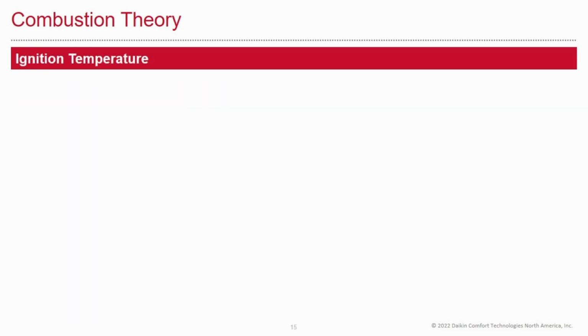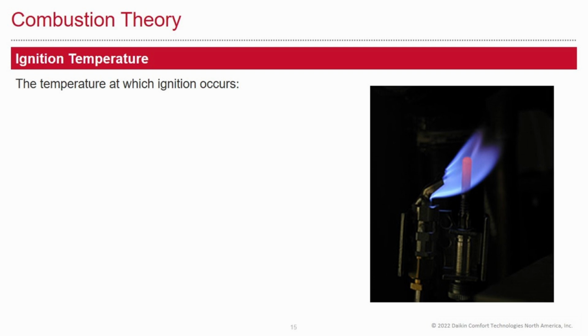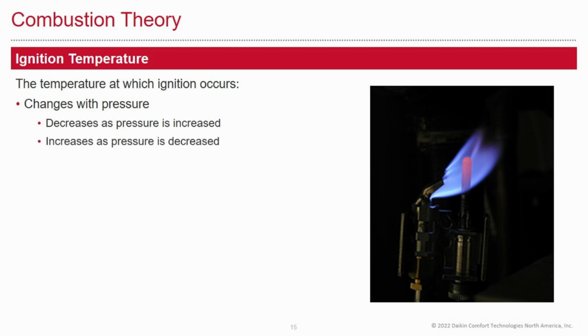Ignition temperature. The temperature at which ignition occurs changes with pressure. It decreases as the pressure is increased, and it increases as the pressure is decreased. It changes with the fuel type and fuel-air ratios.